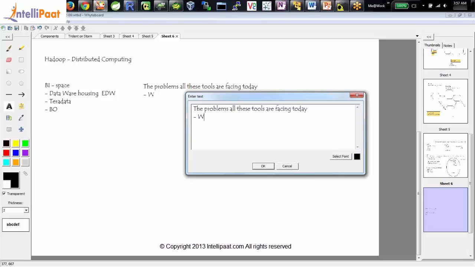Or let's put it in a different way. What are these tools not providing us? Or making our life miserable. Could you come up with something?